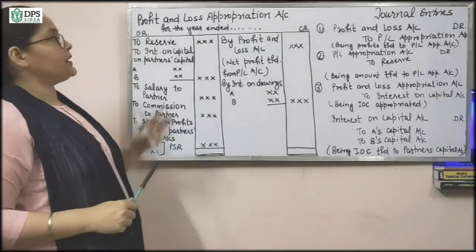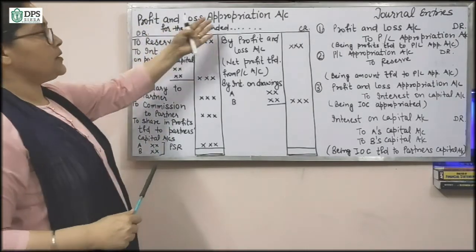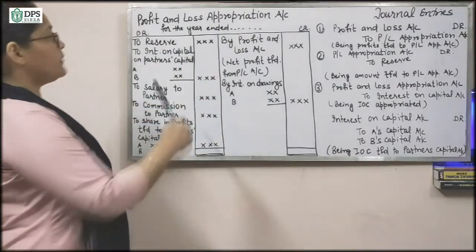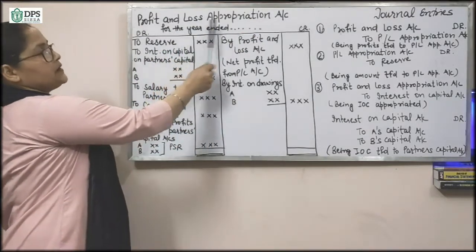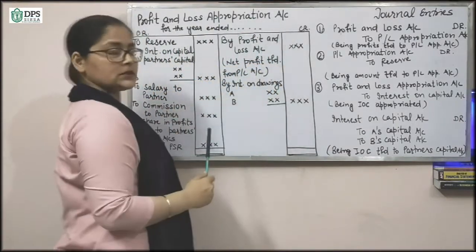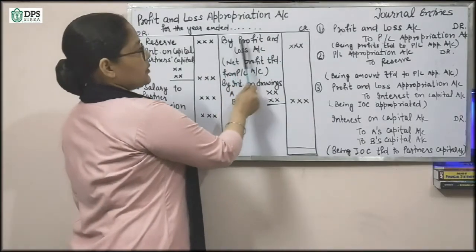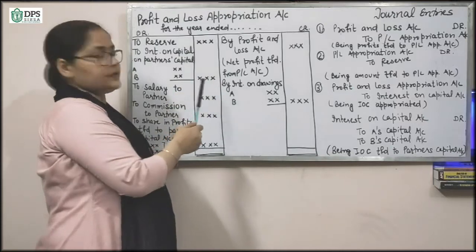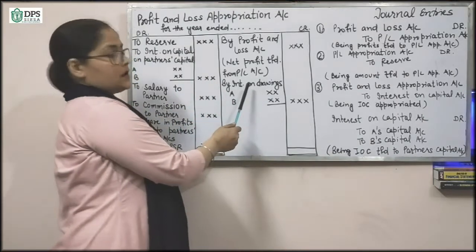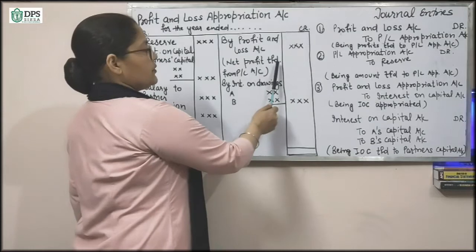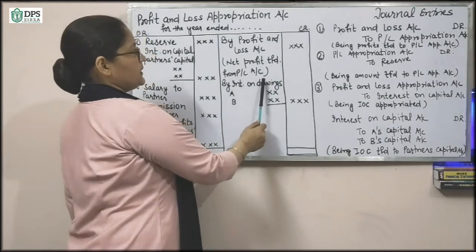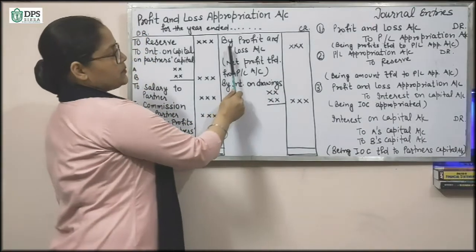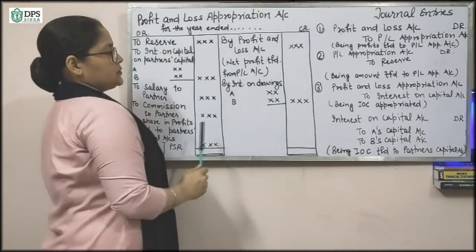Whenever we make profit and loss appropriation account, first of all we will write here net profit transferred from P&L account. We will write here by profit and loss account.